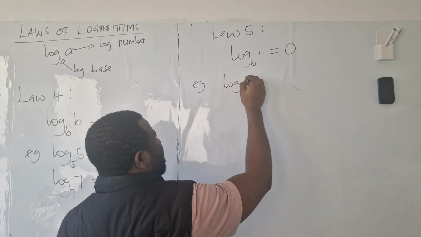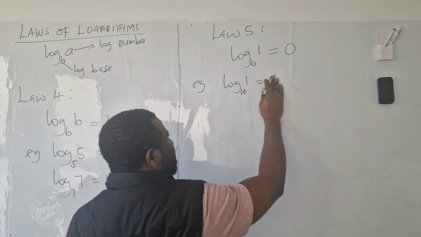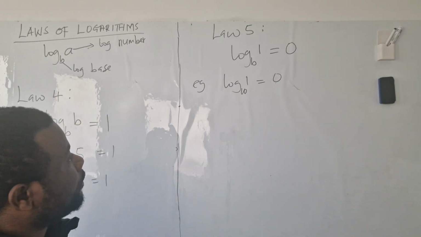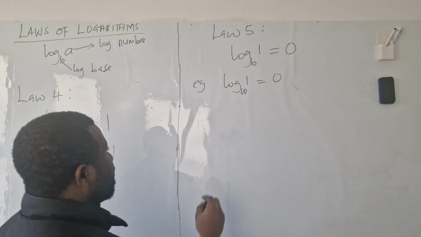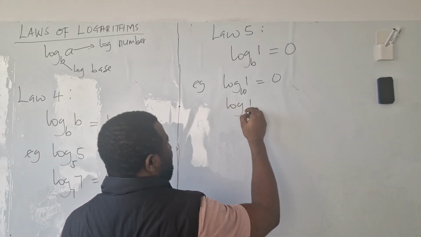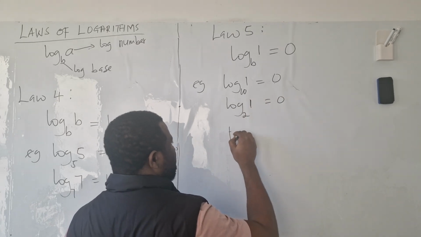So let's say I have log 1 base 10, the answer is 0. Log 1 base 2, answer is 0.